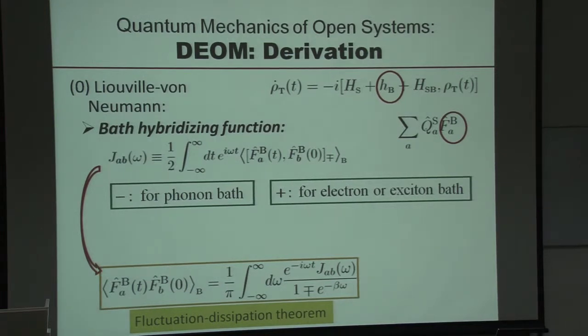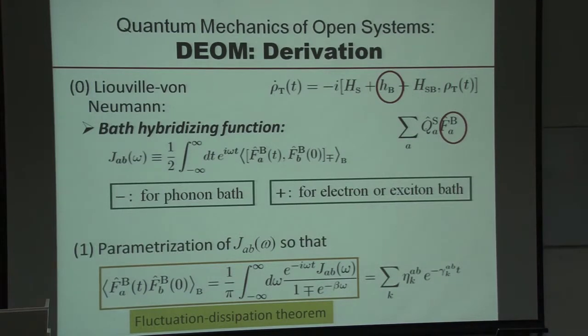That is to say, if you know these correlation functions, you know how they affect the system. Then we can use a mathematical approach to parameterize, such that the correlation can be expanded into a series of exponentials.